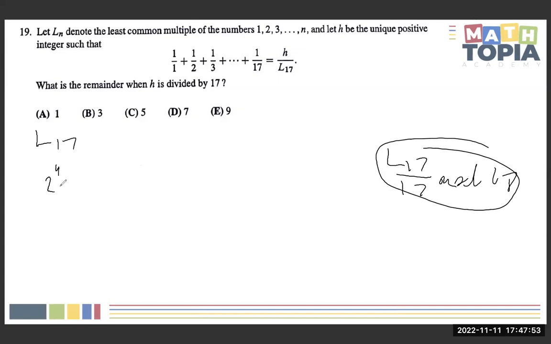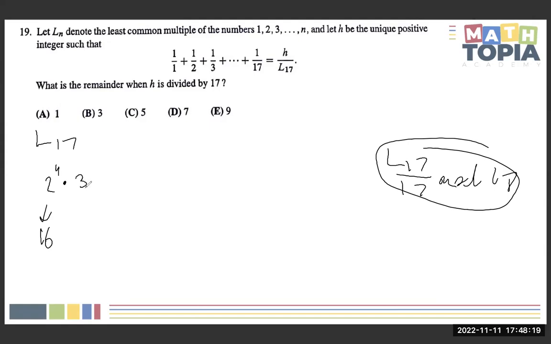The answer is 4, because the highest power of 2 we can have that is less than or equal to 17 is 16, right? There is no point in having 2 to the 5 because the smallest number that would need it is 32, which is way higher than 17, but 2 to the 4 is necessary. So 2 to the 4 is necessary and sufficient, which means it is the first term in our prime factorization.